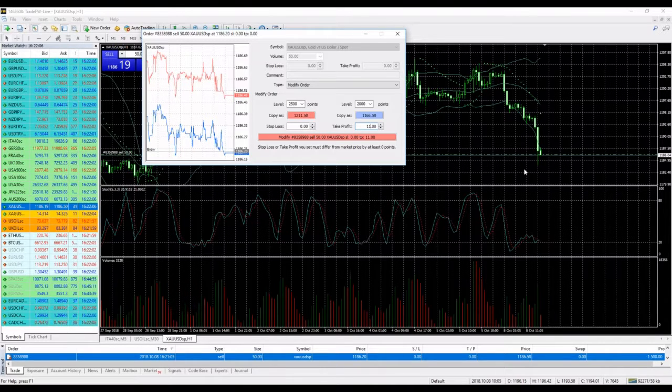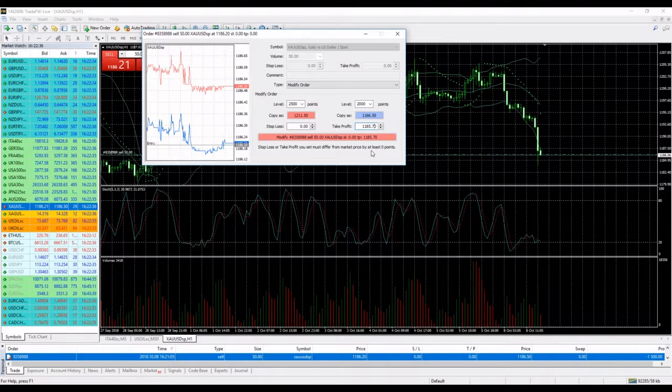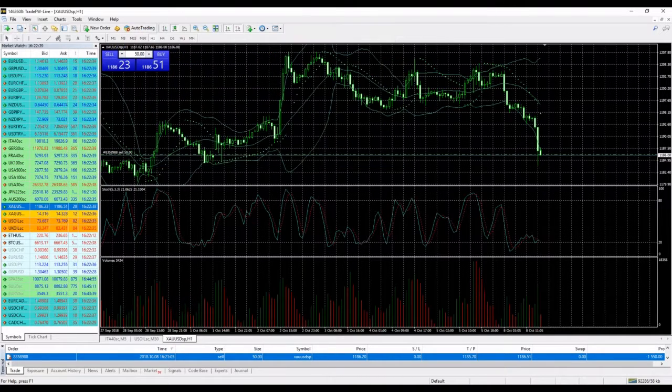I'm not trading this position for another $25,000 profit. I'm just scalping the movement a bit. So I'm putting my take profit 50 cents below my entry level, which is 1,185.70.